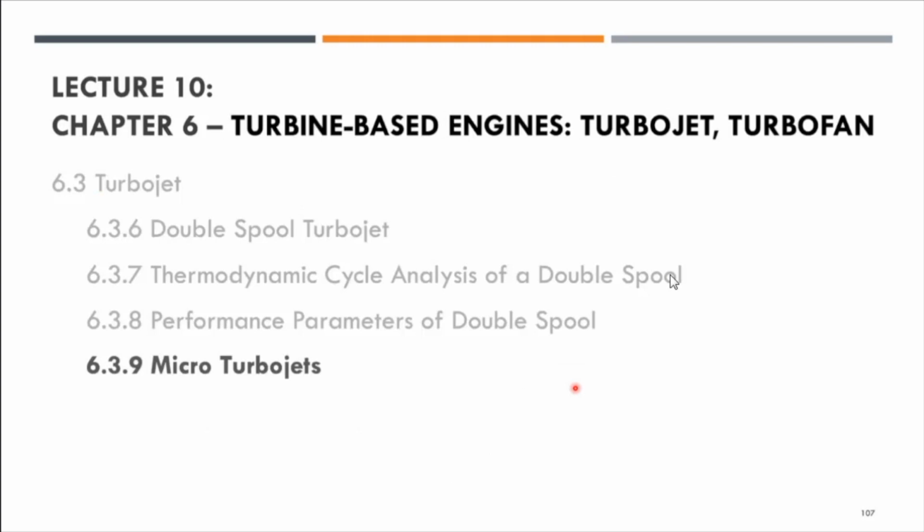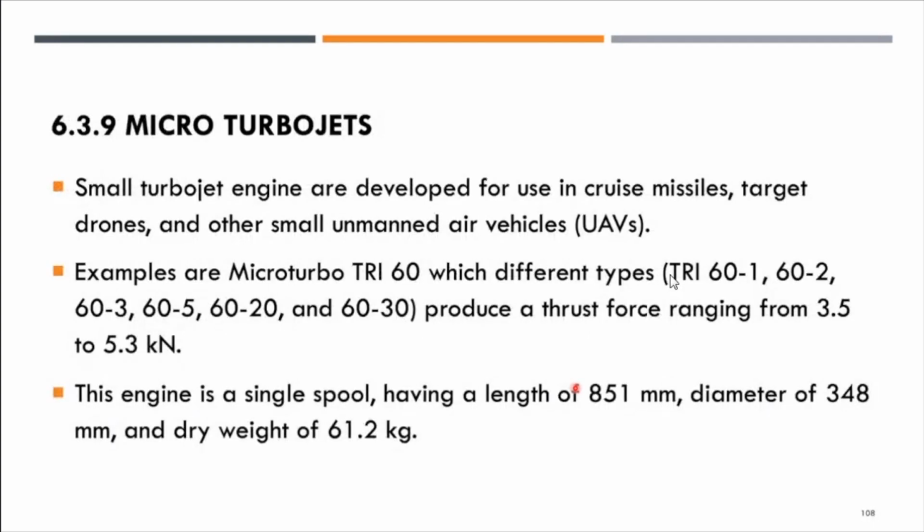Okay, before we end our session, the final section for today is the micro turbojet. In terms of micro turbojet, I personally use micro turbojet to look into the gas turbine performance. We also tested micro turbojet in terms of running it using different blends of biofuel.